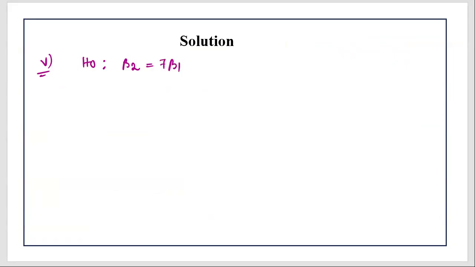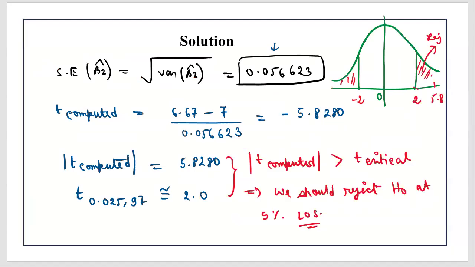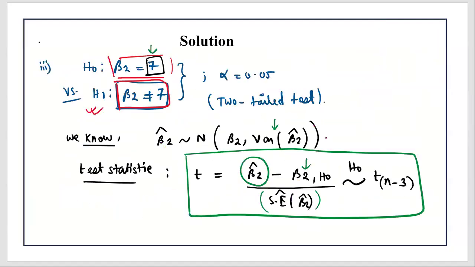So instead of writing it this way, write beta 2 minus 7 beta 1 equals 0. In the null hypothesis, we always try to equate it to 0, unless a specific value is given, for example here they have given you a specific value of 7.